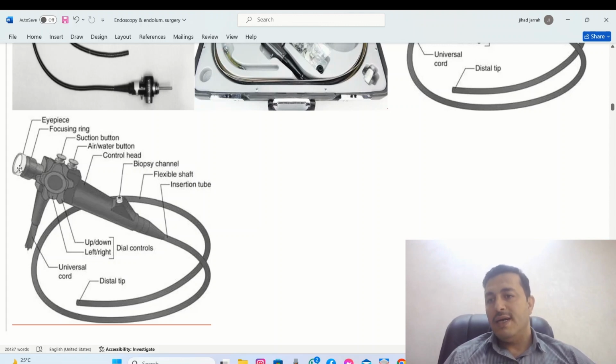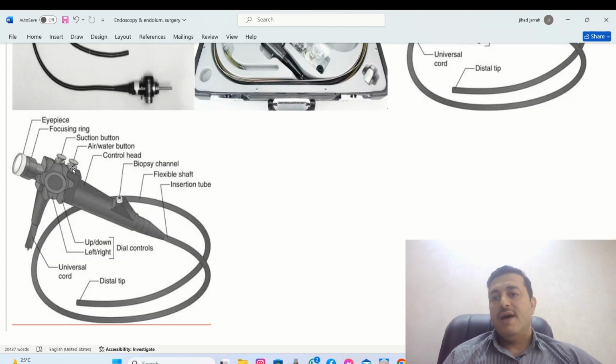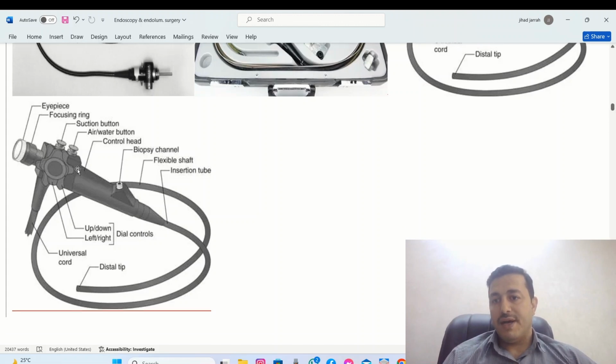lumen of the bowel. Here we have the eyepiece, we have the focusing ring, we have two buttons, one for the suctioning of water and air, and another for the air-water button. Actually, this button is like a gradual button. You press and the maximum or minimal insufflation and deflation of the water and air can be achieved.